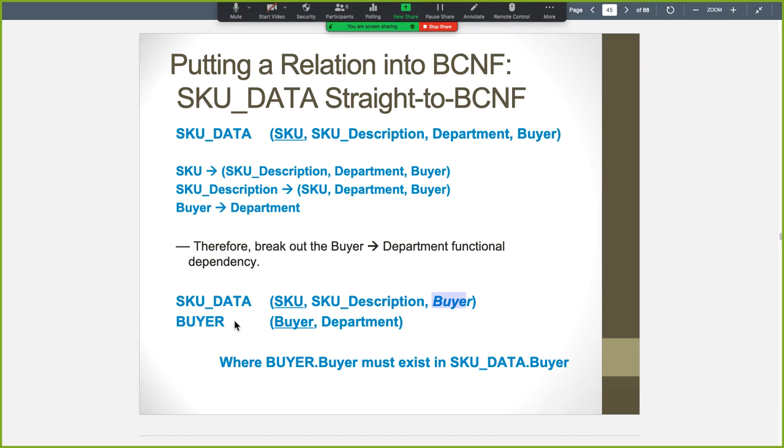So in this case, SKU data seems to be some sort of inventory concept, and buyer is another, like a physical people type of concept. So they are naturally divided into multiple tables.